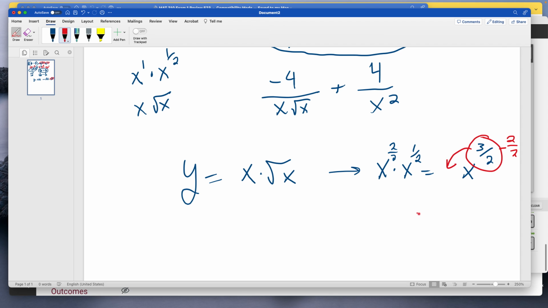And so our answer for the derivative of y would be 3/2 x up in the numerator, and notice 3 minus 2 is 1/2. And so our derivative is really 3/2 square root of x. We could write it this way.